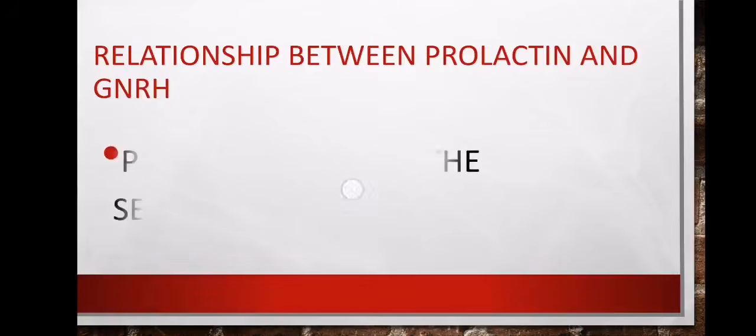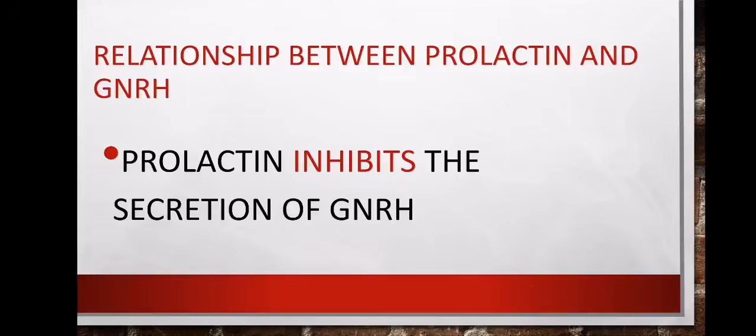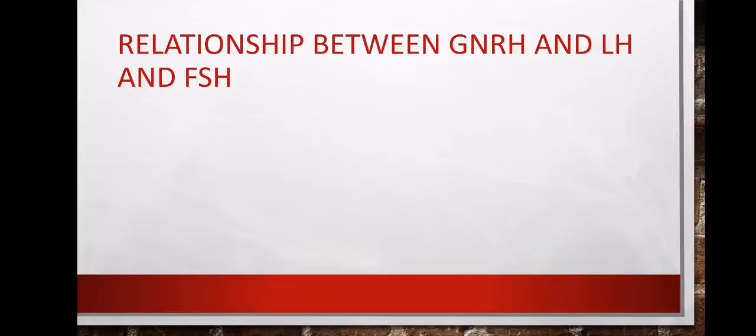Then you can check the relationship between prolactin, which is responsible for the production of milk. It will inhibit the secretion of gonadotrophic releasing hormone, which is GnRH. Then the relationship between gonadotrophic releasing hormone and LH: the gonadotrophic releasing hormone will come from the hypothalamus.